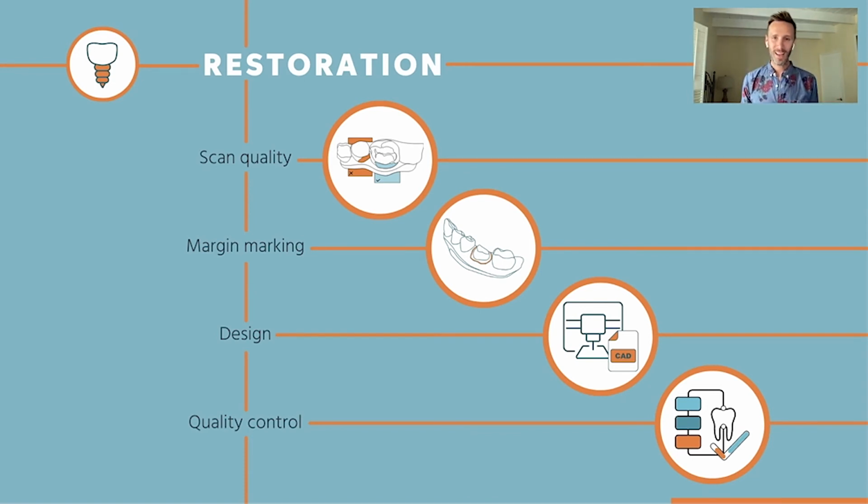And now with AI, we can do that automatically, we can do it faster, we can do it cheaper. And we can take those lab technicians and utilize their general intelligence, utilize their human intelligence, and they could do staining and glazing and polishing and adding mamelons and interproximal staining, all the things that really take our general intelligence.